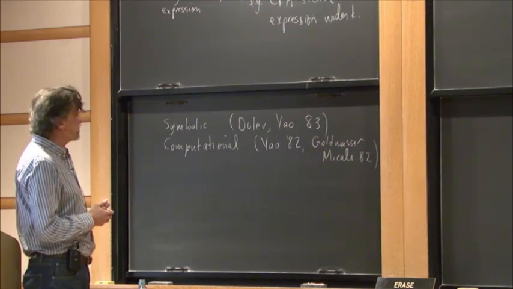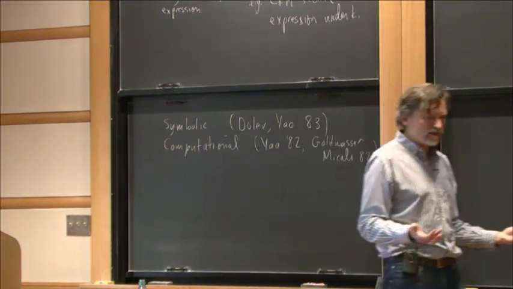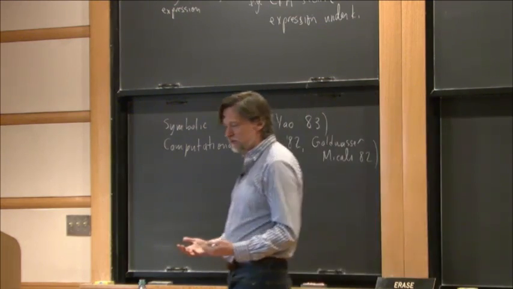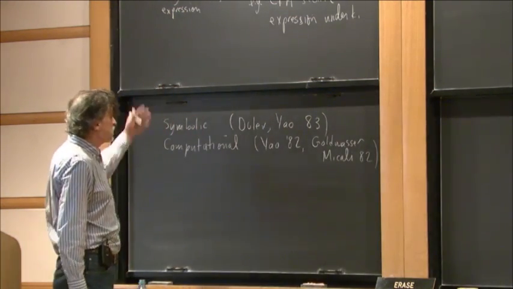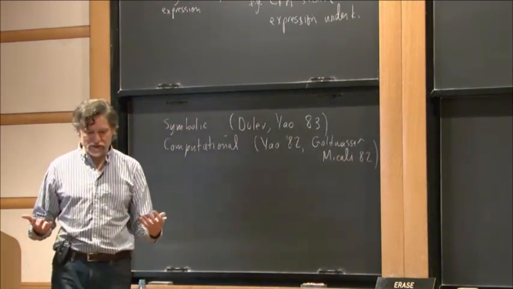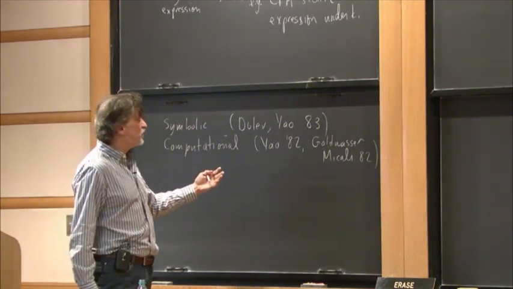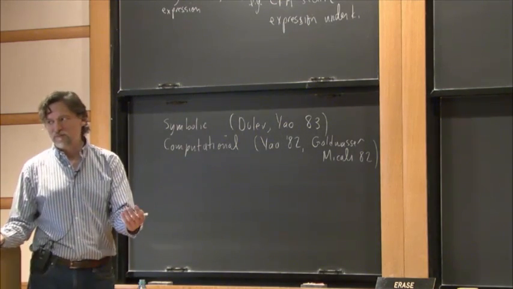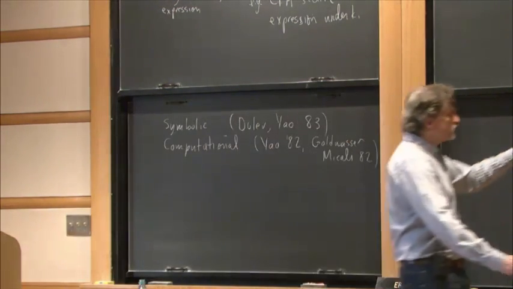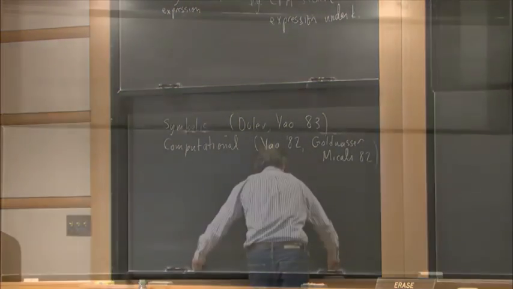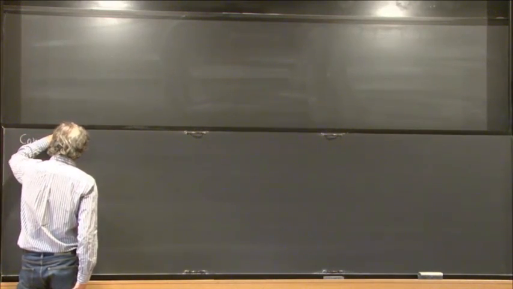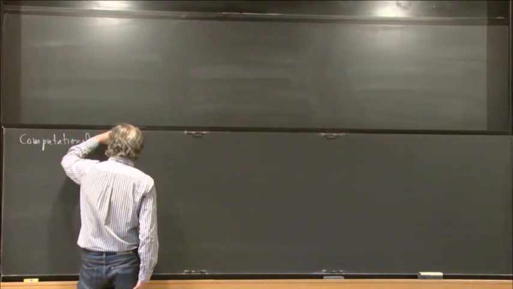But there was always some desire to say, if we're reasoning in the symbolic setting, which has certain advantages, for example if we wanted to do automated proofs, but then because we know the power and the applicability of the computational approach, we'd want to make sure that when we reason symbolically, it actually means something computationally. So this gives us the idea of computational soundness.